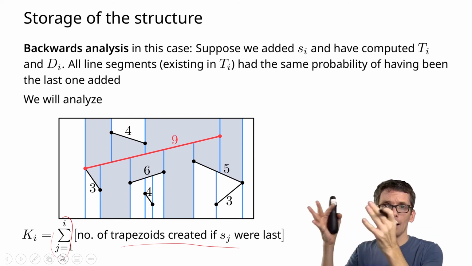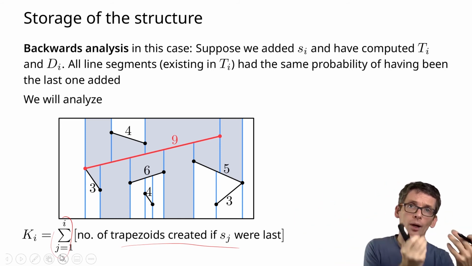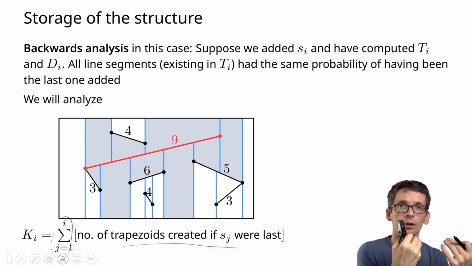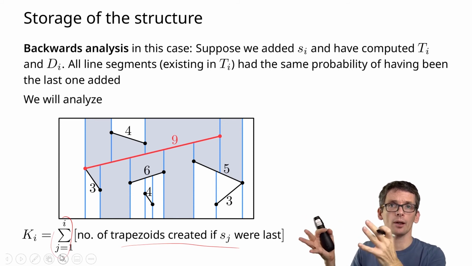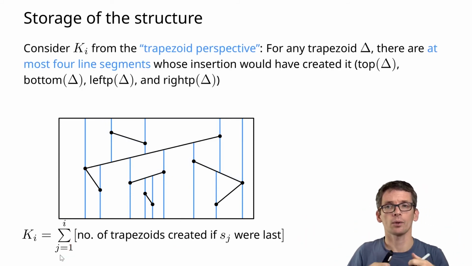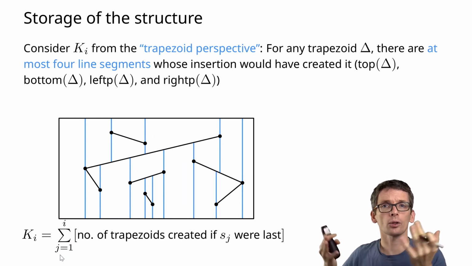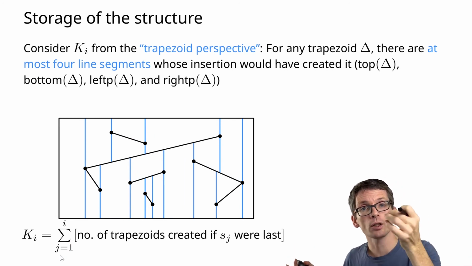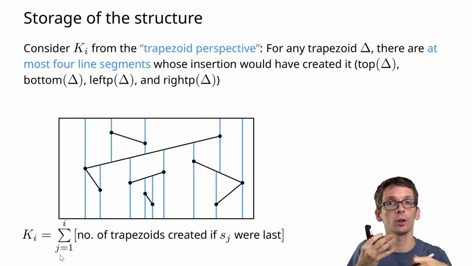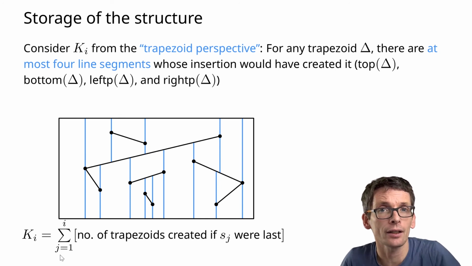This sums over all segments and counts trapezoids. But we can also look at this from the trapezoid perspective. Instead of summing over all segments and counting trapezoids, we're going to sum over all trapezoids that are currently there and see how many segments would have resulted in creating this trapezoid last.